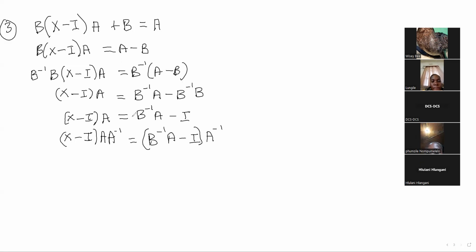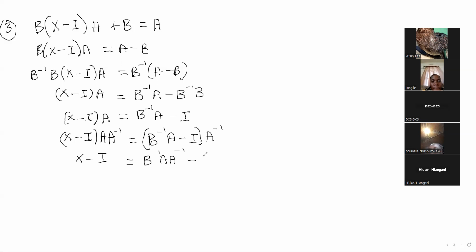You don't just multiply anyhow, like you do with known numbers. In this case, this will cancel the A and we'll be left with I, which will be this. And then if you distribute, it's the same thing. You don't put it anyhow. It's on the right. It must always be on the right.